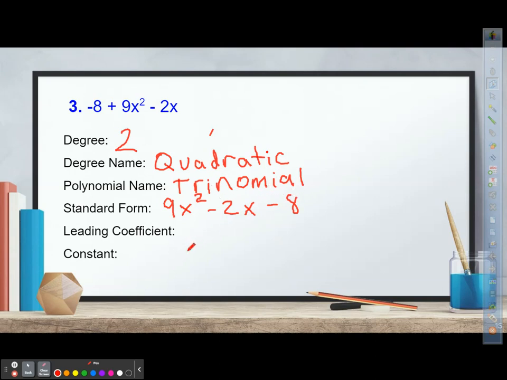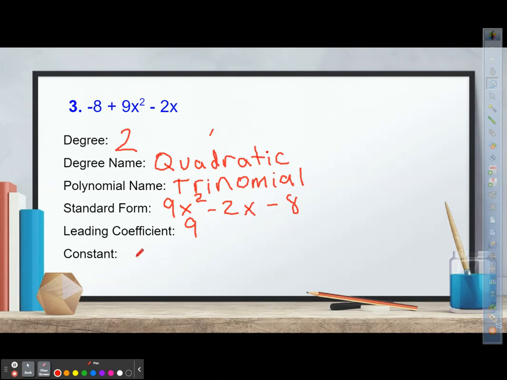And then the leading coefficient. The coefficient is the number being multiplied by the power, so it's the number in the front. That means 9 times x squared, 9 is a coefficient. -2 times x, -2 is a coefficient. Austin, what would you say the leading coefficient is? 9. Perfect. And the last thing is the constant.